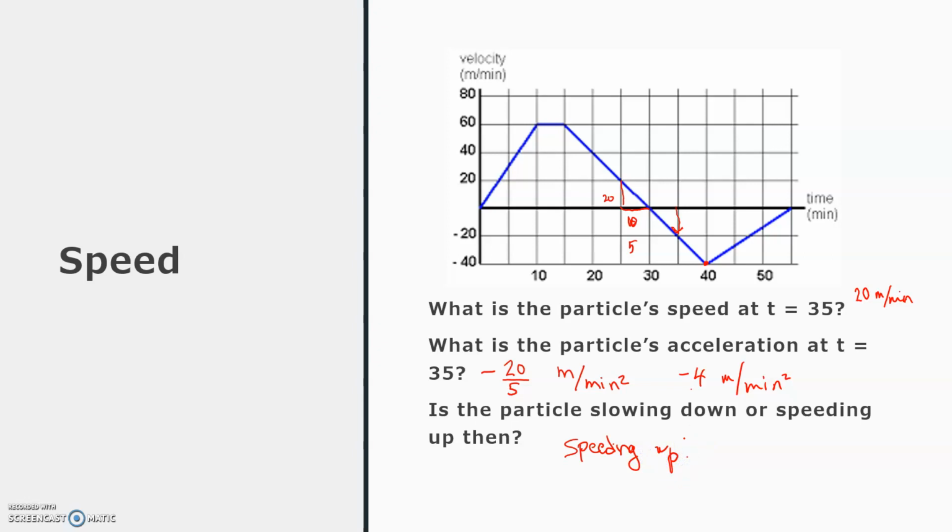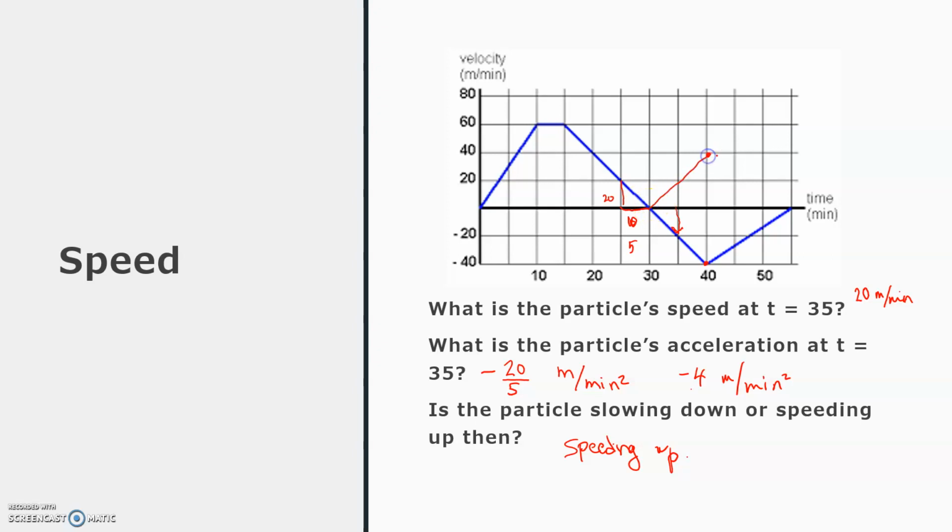One way to think about that is if we make a sketch of the speed graph. The speed graph is the absolute value of velocity. So to sketch the speed graph, we would just take all of our values that are below the x-axis and flip them up. All the values that are already above the x-axis, we can leave them where they are.